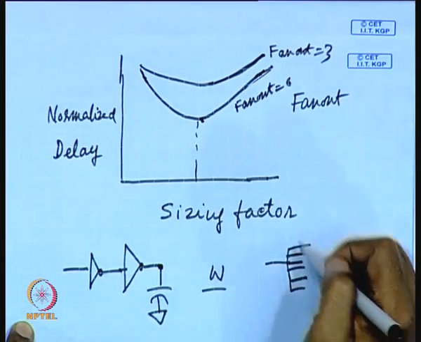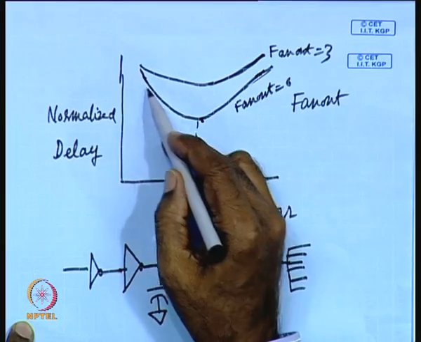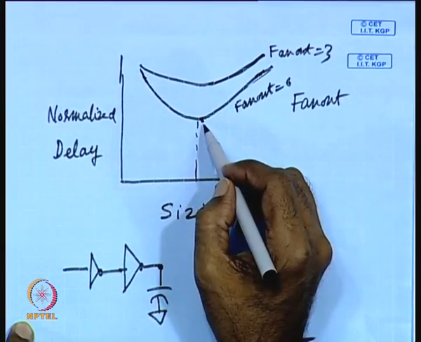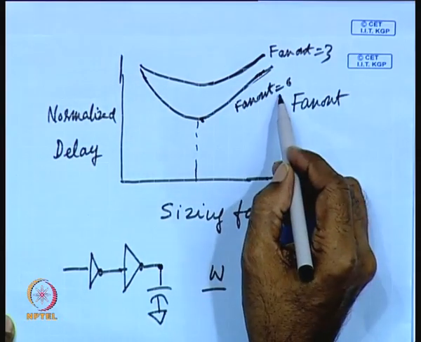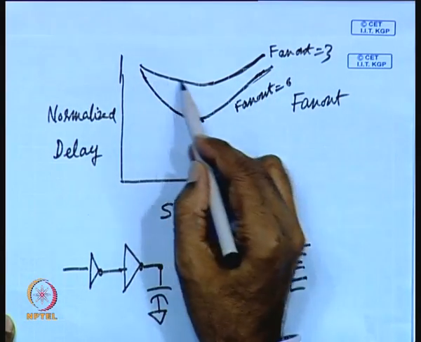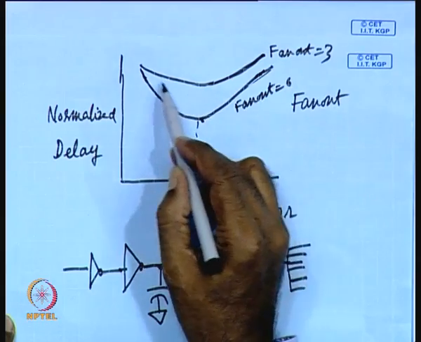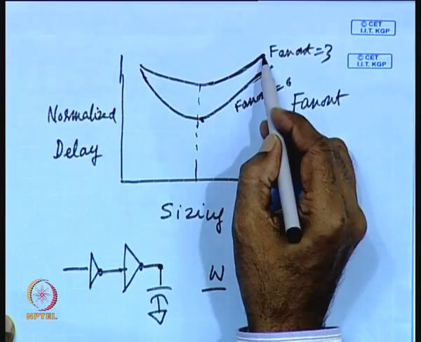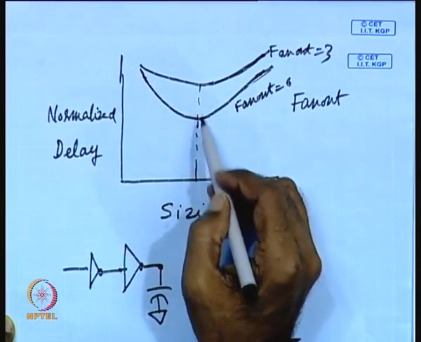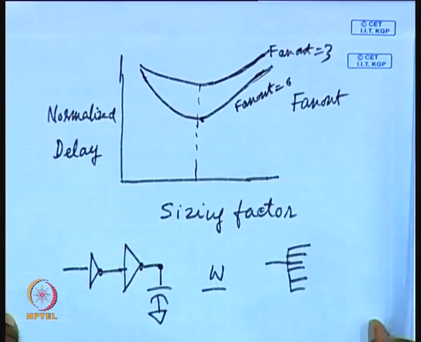So, capacitance is more when the fan out is more, and sizing will have more impact on delay when the fan out is more, and when the fan out is less, it has lesser impact. However, again there is an optimal sizing factor beyond which delay will increase in both the cases. So, that is what I explained.